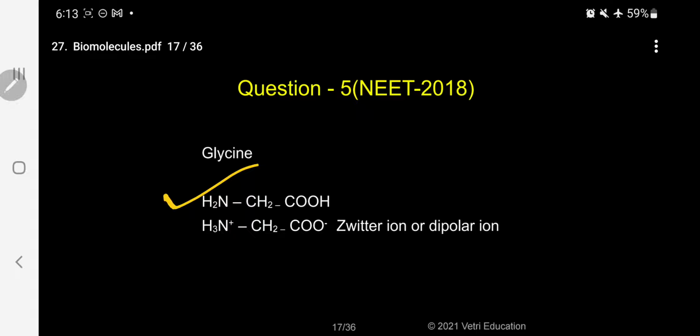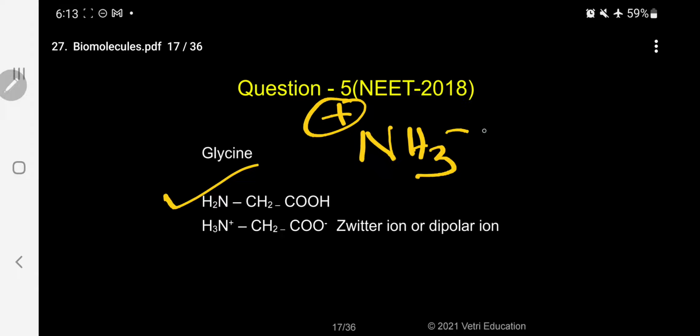I can write the structure this way: NH3+CH2COO-. This is the zwitterion or dipolar ion. Kindly follow, that's why this amino acid can act as a buffer solution, both an acidic buffer as well as a basic buffer. It is an amphoteric buffer.